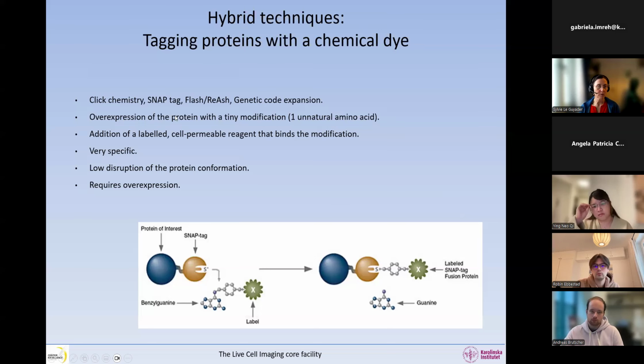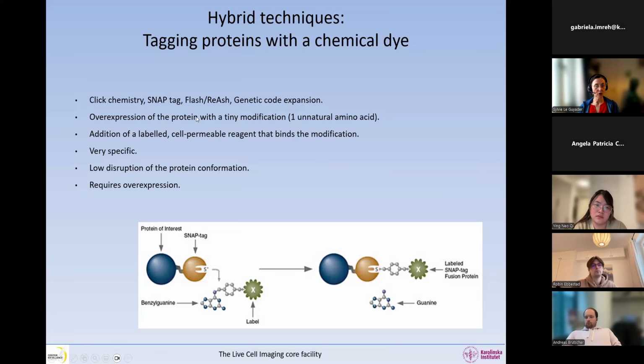So we overexpress the protein of interest. We're not fusing the protein of interest with a fluorophore. We do a tiny modification of the protein of interest. For example, we can just change one amino acid in the protein, and we overexpress this abnormal construct in the cell.